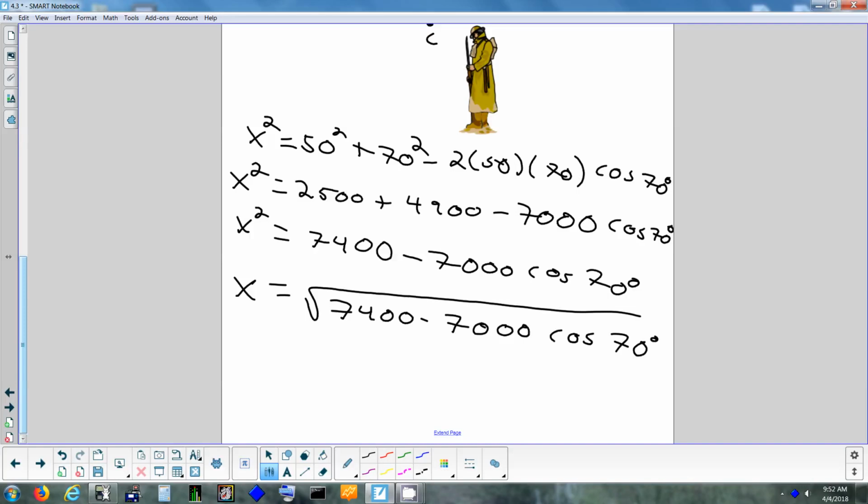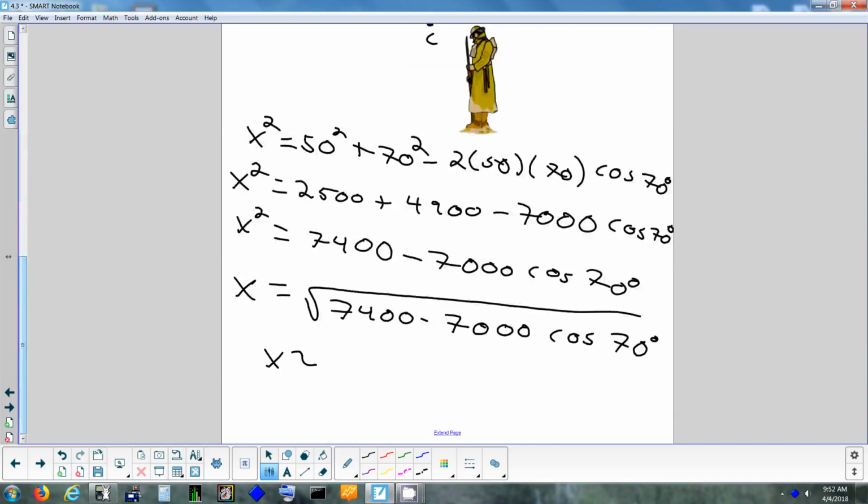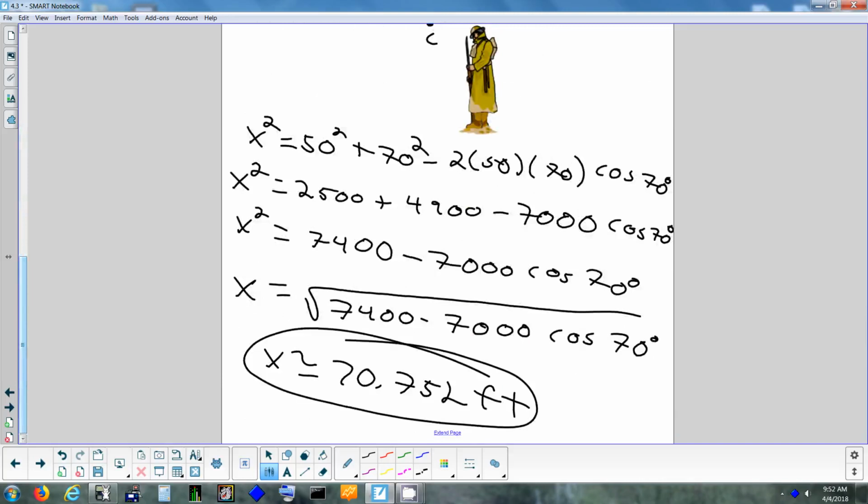What do you think? You got it, Sean? No. Maisha, what'd you get? 70.752. Is that what you got, Joe? All right. So 70.752. That's the distance between the houses.